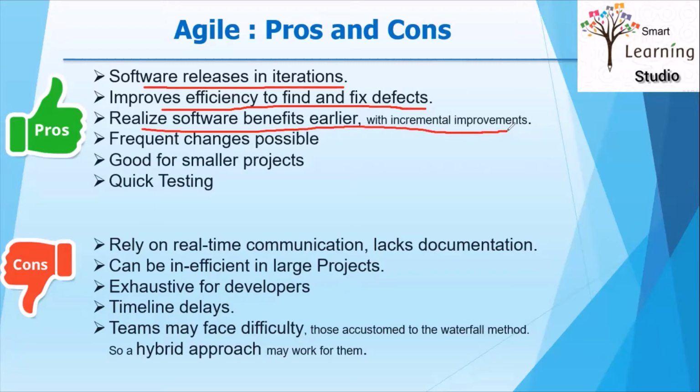So risk is less, it is giving better results, and it is improving efficiencies. Frequent changes are possible, so you can incorporate the changes while you are developing. It is good for smaller projects. Quick testing is possible. Now let us come to the cons of it.